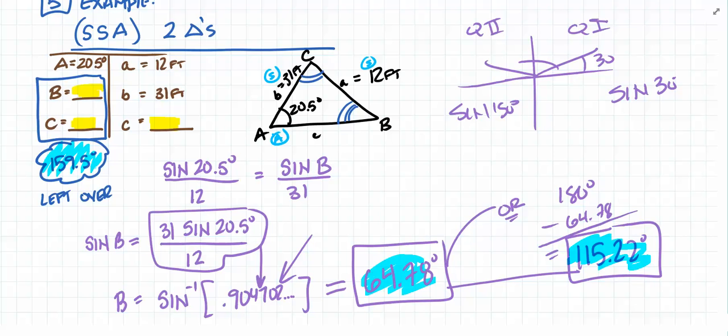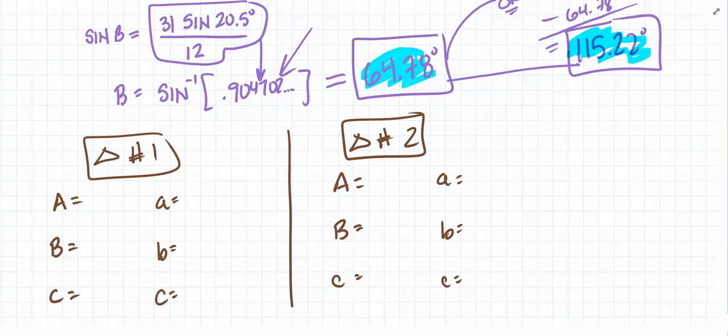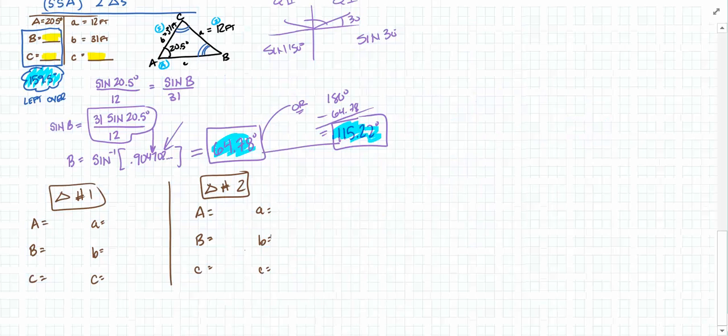Now, how do we continue from here? That's where we're going next. We have to go on and solve both triangles. In this scenario, angle A and little a and little b stay the same. Angle A is 20.5 in both, little a is 12 in both, and little b is 31 in both.